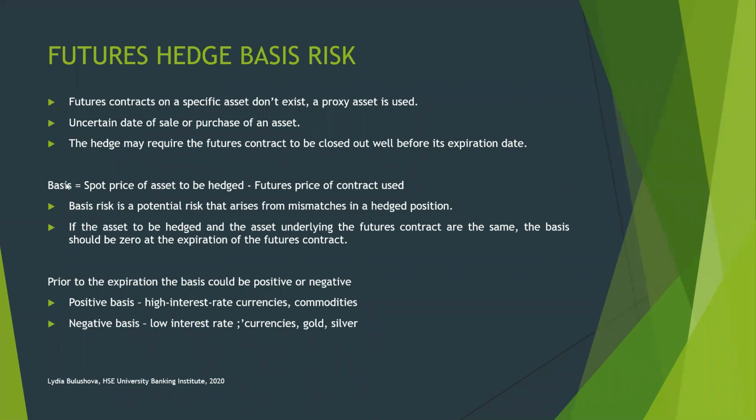Basis is negative for those assets that are not generating any return right here, right now. Like oil is used in production, and what is produced out of oil generates profit, and that's why it's important to have oil in an oil refinery. That's the key idea of how you can estimate the sign of basis.